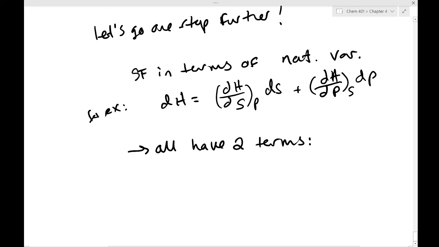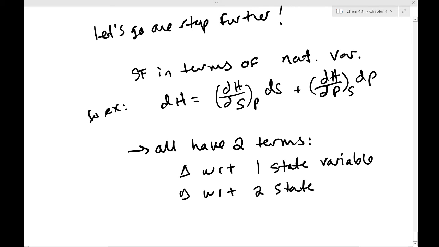One is the change of the state function with respect to one state variable, and the other is the change with respect to the second state variable. In the case of dH, it's the change with respect to entropy, and the second is the change with respect to pressure.